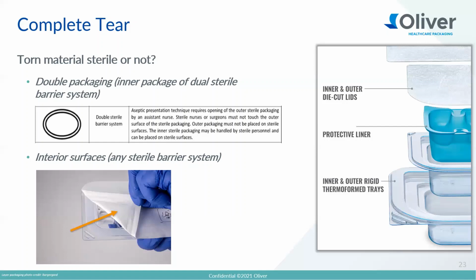They are designed that way so that they can be put into the sterile field by themselves. So if any of the materials on the inner packaging systems tear, those are completely sterile, so they don't have any microbial contamination and therefore do not affect aseptic presentation.